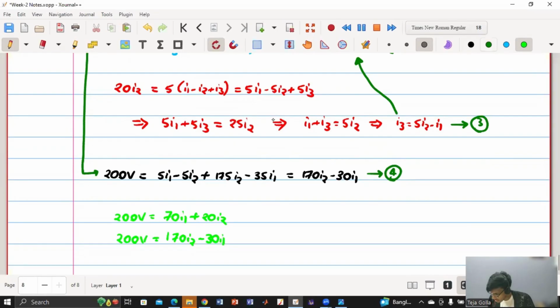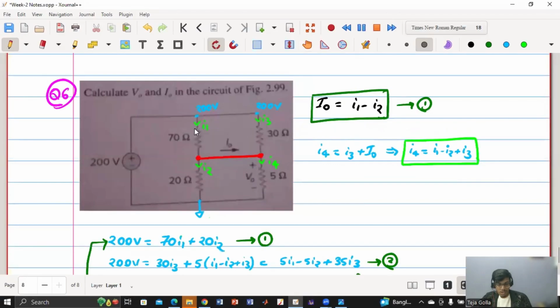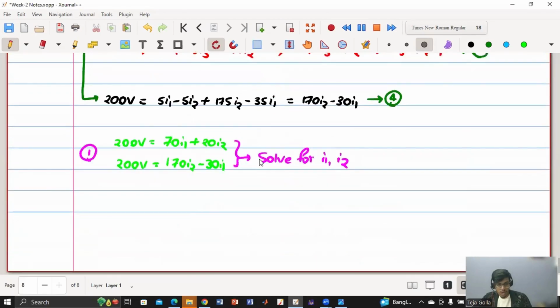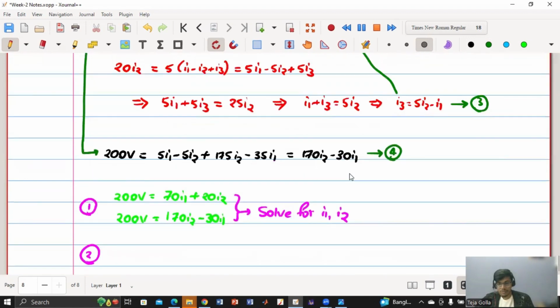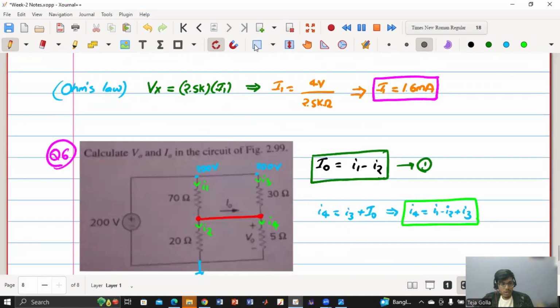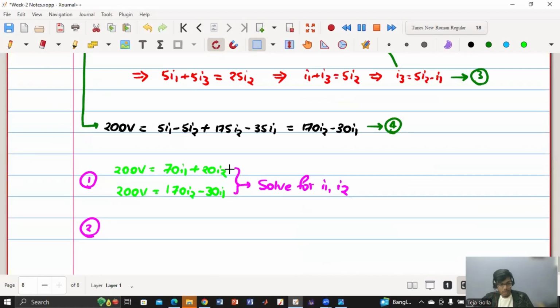Step by step, your first step is to solve for I1 and I2, since you have two equations and two unknowns. From four equations and four unknowns, we have slowly obtained two equations and two unknowns. The second step is the equation we have here: I naught is equal to I1 minus I2.